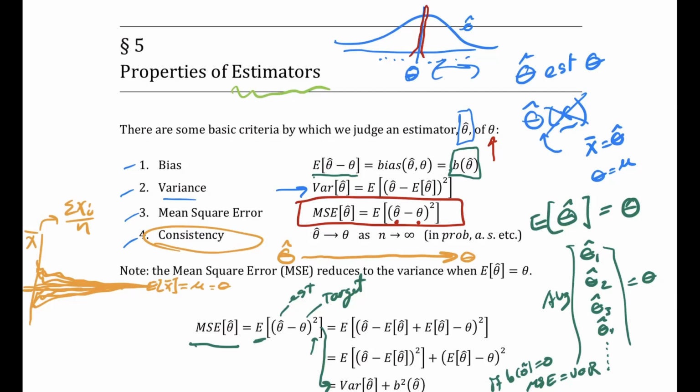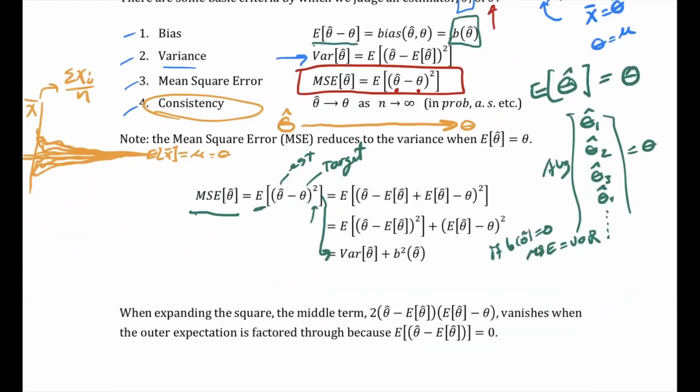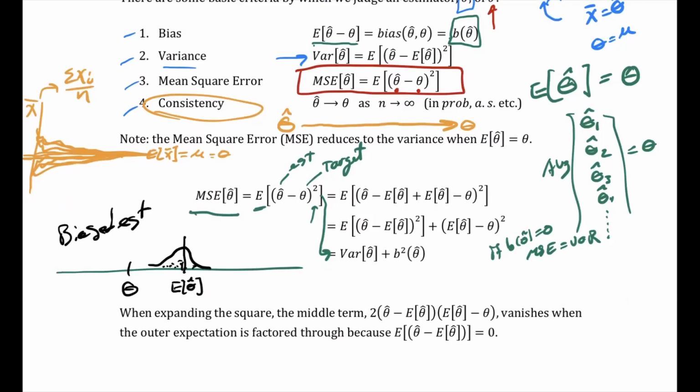The variance and bias. One of the reasons that this is important is, you can imagine, let's suppose here's our target, theta. But here is where the expected value of theta hat is. So this means that all our estimates end up around here. And this can happen with biased estimators. So this is a biased estimator. And so I want to know, well, what's the variability in theta hat?